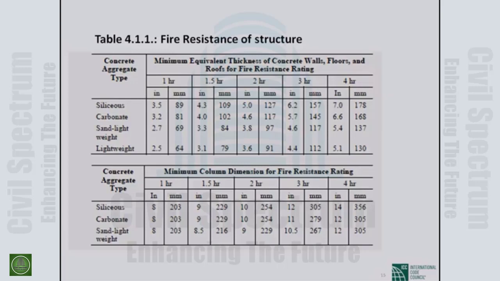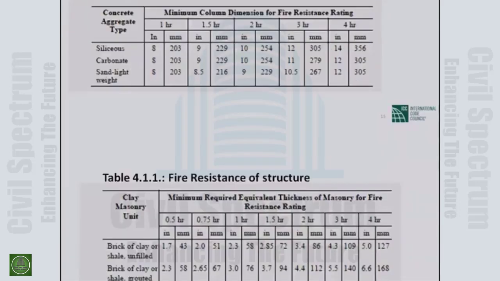So you can see if it is 4 hour, about 7 inch to 5 inch the thickness, and for 1 hour its variation is 3.5 inch to 2.5 inch. This is for concrete aggregate, and gradually you can see the other elements also.